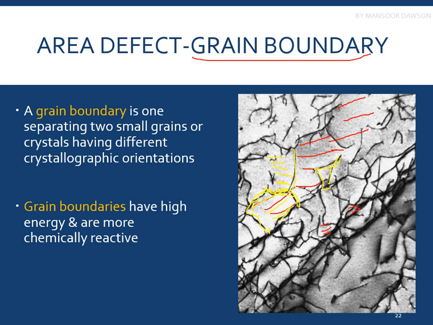The grain boundaries have high energy and are more chemically reactive. Since these are highly reactive and chemically more active with higher energy, they are the area defects.